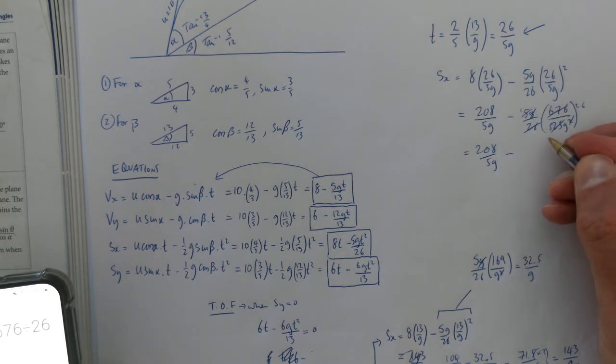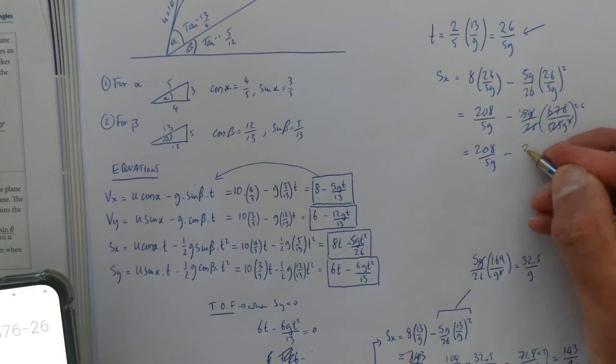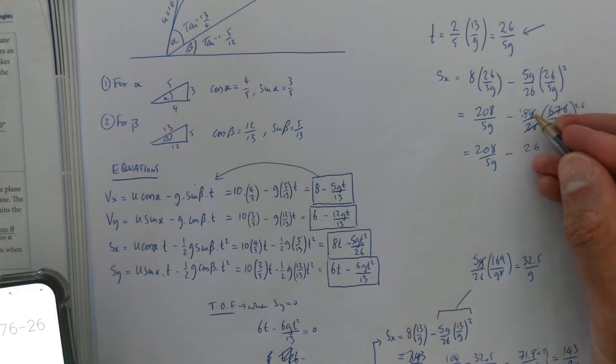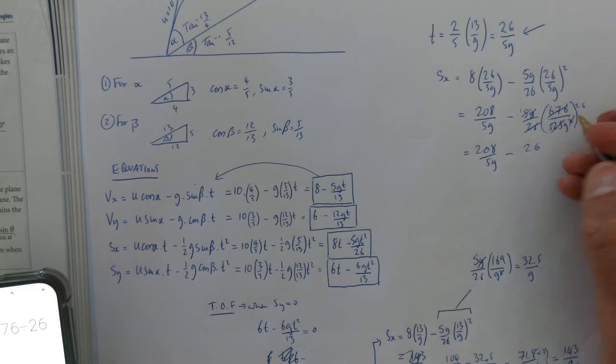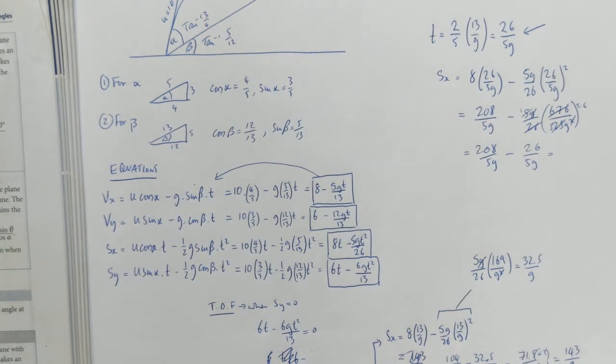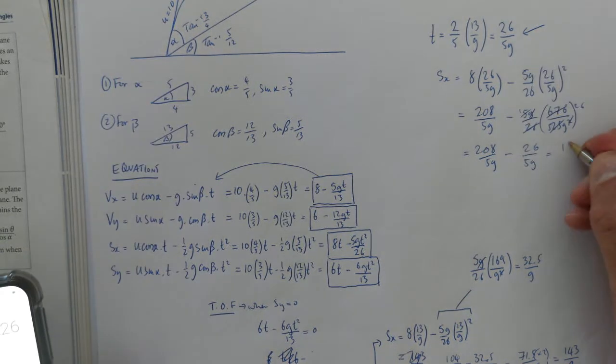So we end up there with 26. So that's 1 there for the 5. g is cancelled. That's 26 over 5g, which is 182 over 5g.